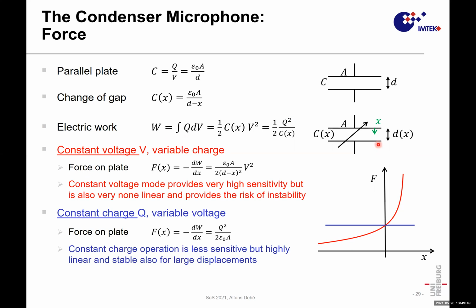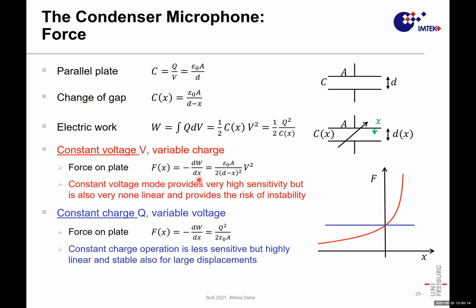I have two different chances. I can give a constant voltage across the condenser, or I can give a constant charge on the condenser. And respectively, the force on the plates behaves differently. So if I have a constant voltage source to my device, I can derive the force on the plate by differentiating the electric work over the displacement.